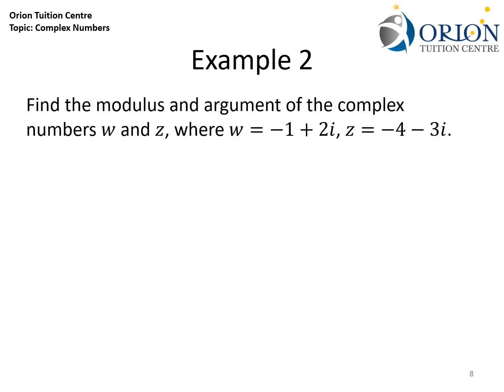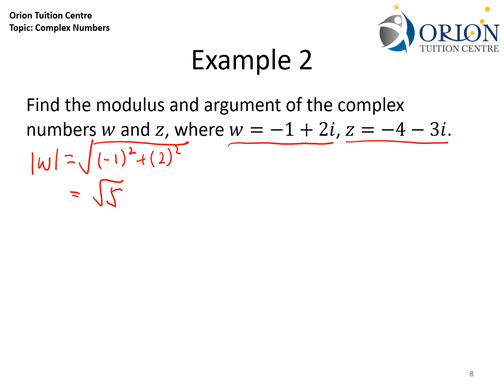In example 2, we have to find the modulus and argument of the complex numbers w and z. So for the modulus of w, it is simply square root of negative 1 squared plus 2 squared, which gives us square root of 5. And to find out the argument of w, we have to first draw the Argand diagram to locate which quadrant this complex number is in.